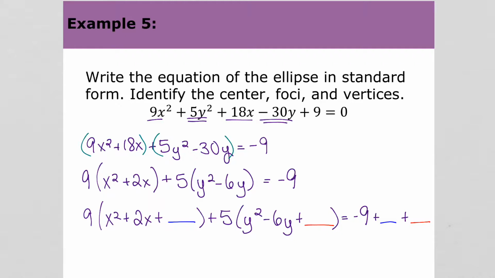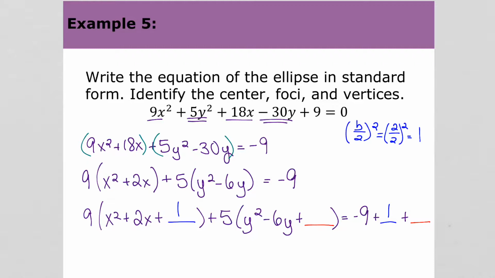For this first one, you take b over 2 squared. So b here is 2. So we've got 2 over 2 squared, or 1 squared, which is 1. So in the blue blanks goes 1.